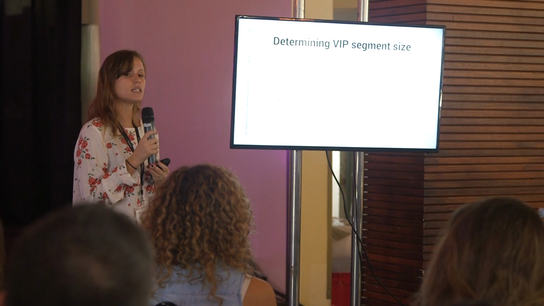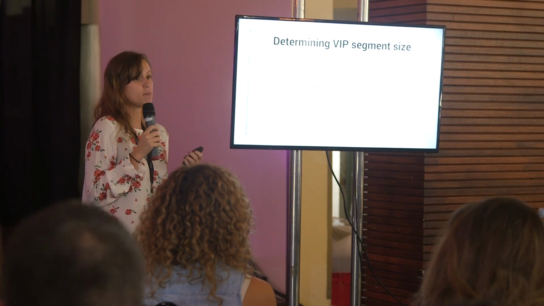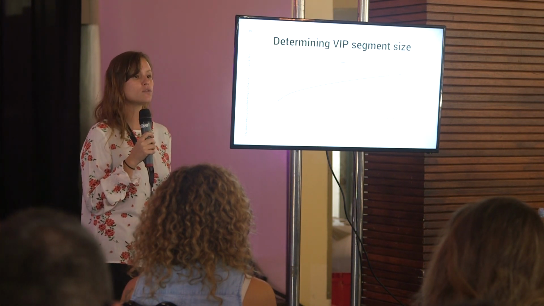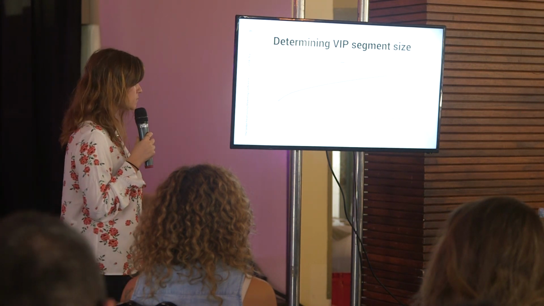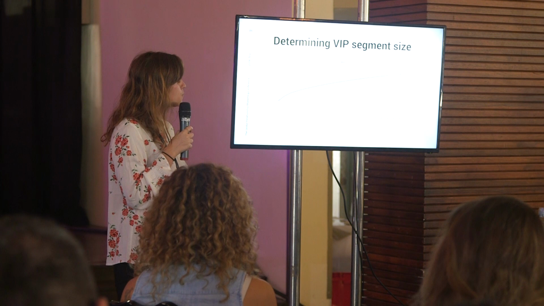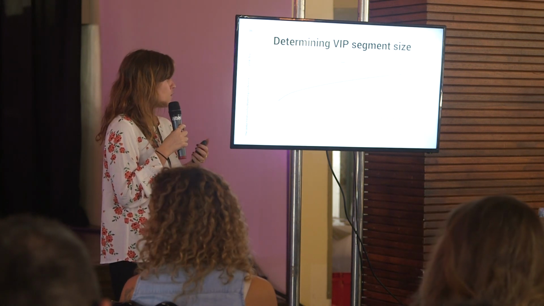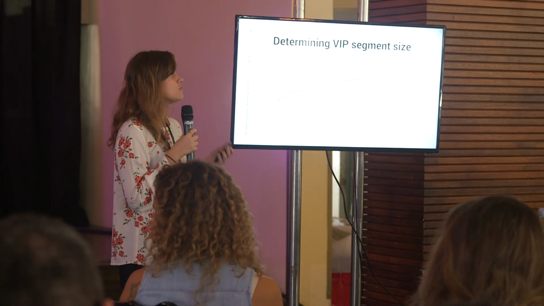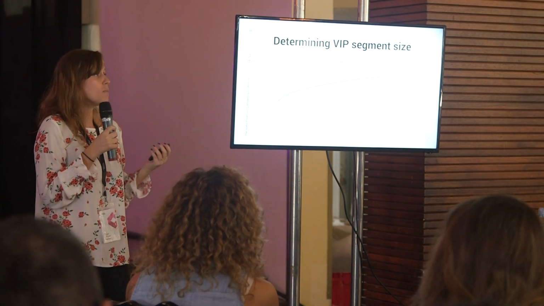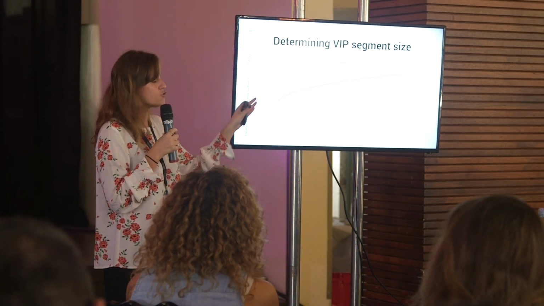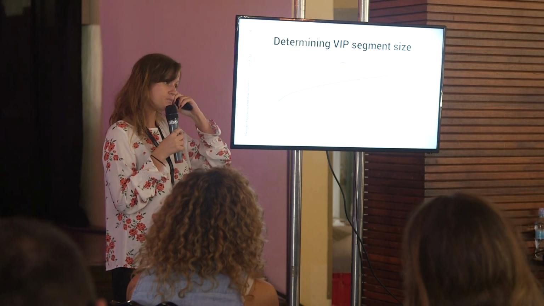So a Pareto analysis not only helps us understand if a VIP segment is needed or not, it can also help us understand what should be the VIP segment size. And we're doing that by actually looking for percentiles that contribute to the monthly purchase amount in a very disproportionate way. So basically, we're looking for big drops in the bars that you see over here.